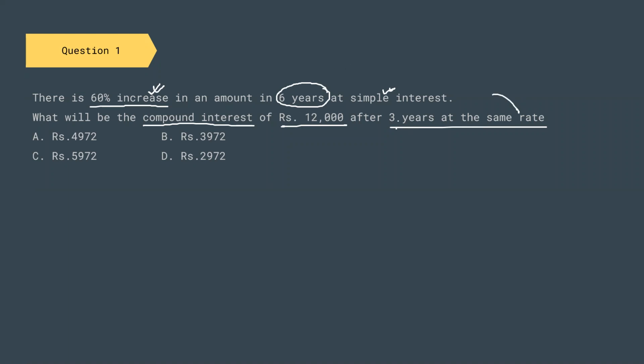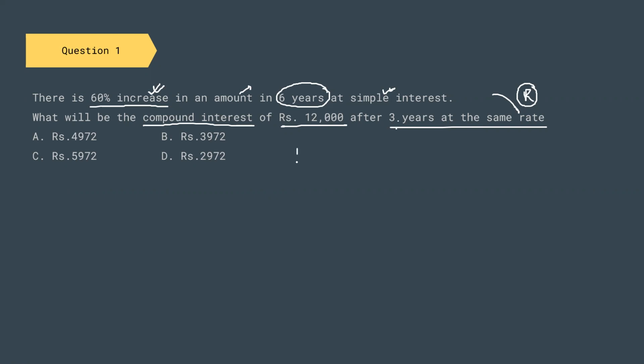In both of these scenarios, the rate of interest is the same. So from the first relation, we have to find the rate and use that rate to find the total compound interest amount in the second case. Let us first write this equation.